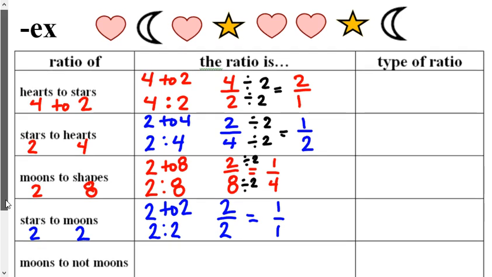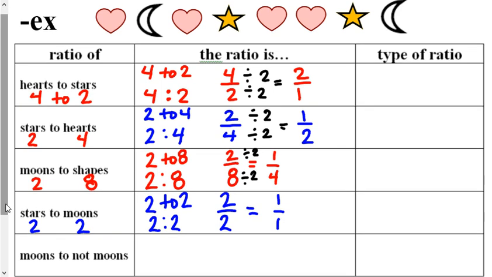So when I look at that grouping, there are 2 shapes that are moons, and then there are 6 shapes that are not moons because there's 4 hearts and 2 stars, and those are not moons. So that's a total of 6 shapes that are not moons. So the ratio of moons to not moons is 2 to 6, which I can write this way, or that way, or where it looks like a fraction.